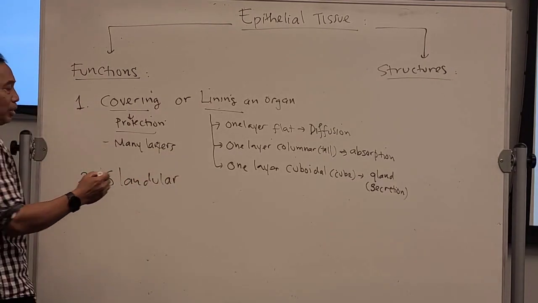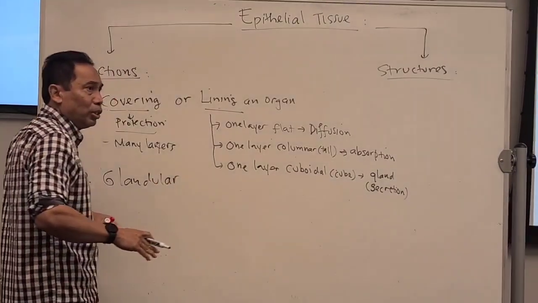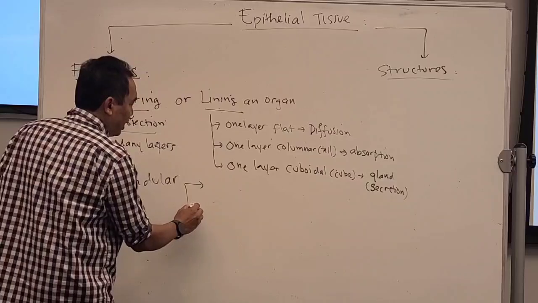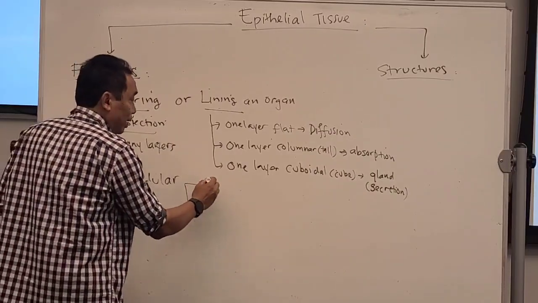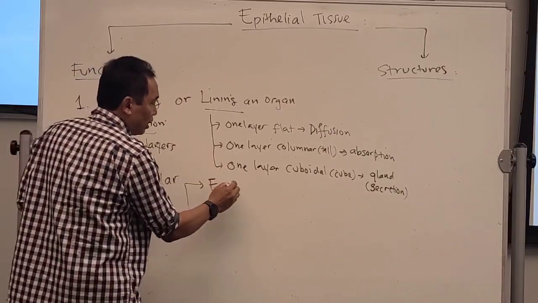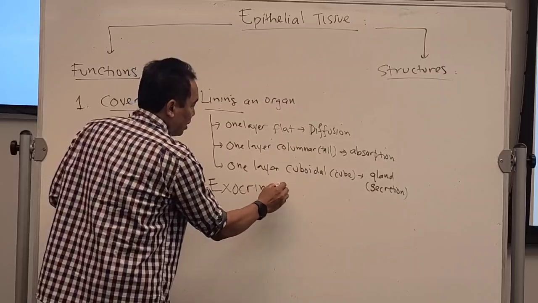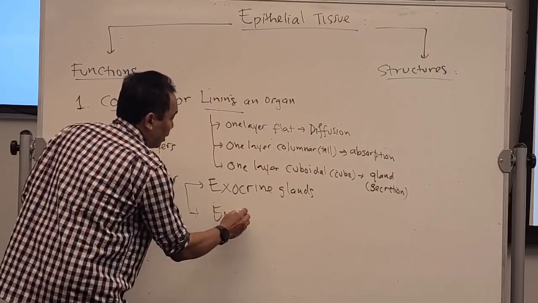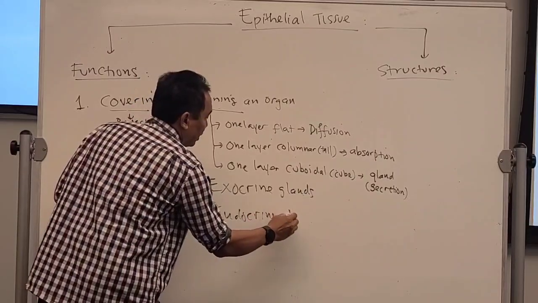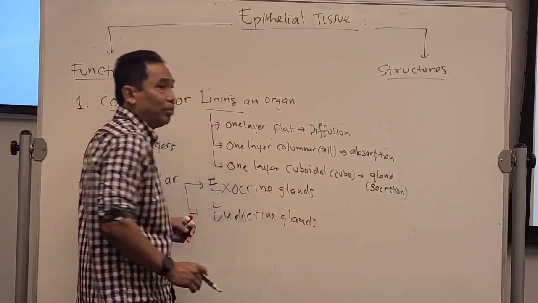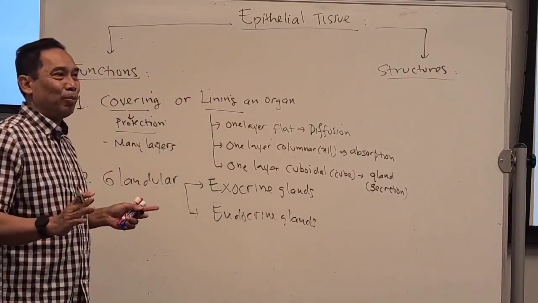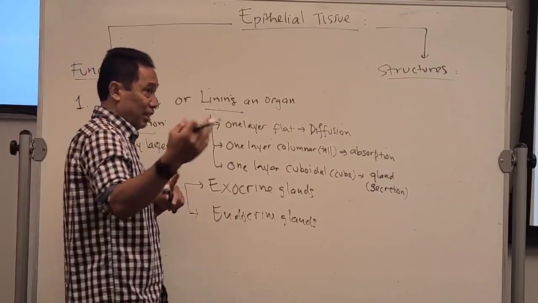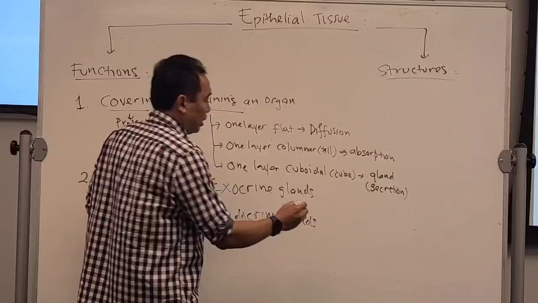Glandular function is meant to produce something. For these glandular functions, there are two types of gland. We already mentioned this: exocrine gland and endocrine gland. The gland is actually made of epithelial tissue, mostly cuboidal, cube-like in shape of the cell.